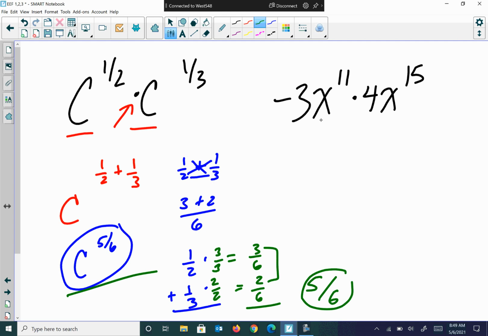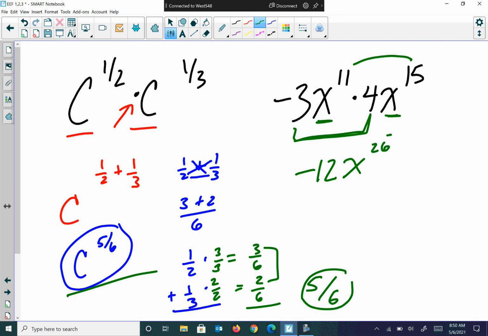Okay. So, hey, friends, I have a base of x, I have a base of x. Agree? I happen to have a number that comes along with both of these. So I'm going to get -12 first, -12, and then the x. Like bases, what am I doing with the exponents? Add them. 11 plus 15 is 26.